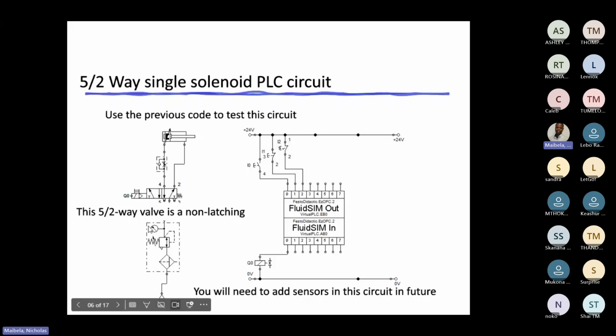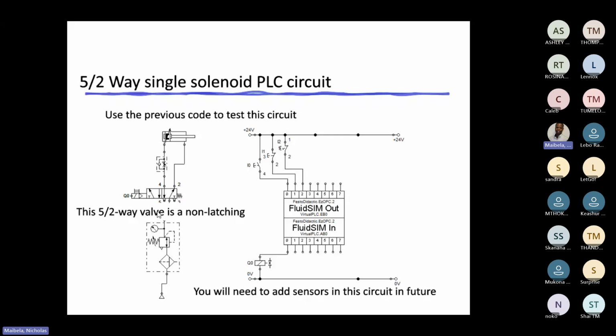And just note that this 5-way valve is non-latching, right? By that, you'll see that once we press our push button, it will go forward, and then you'll need to press your stop button so that the cylinder goes back. Oh, actually, no, I'm wrong.